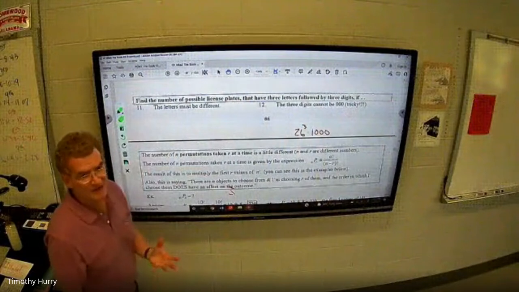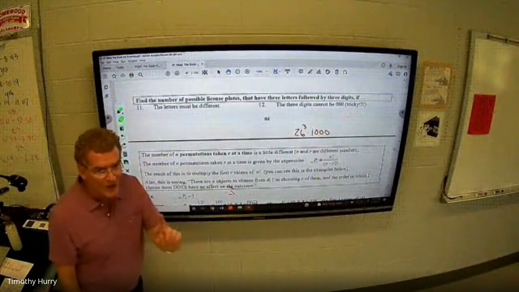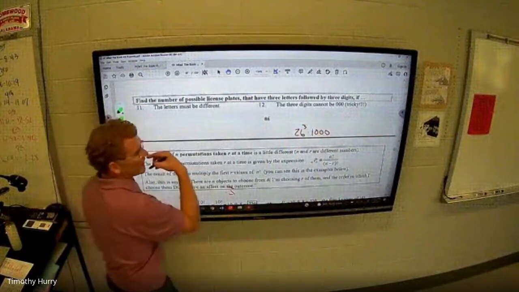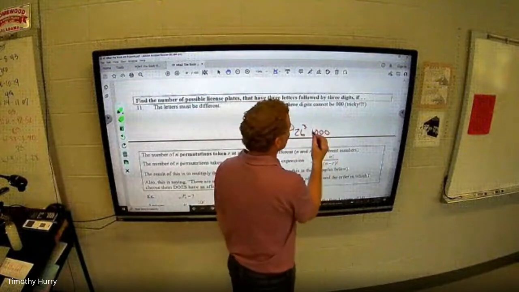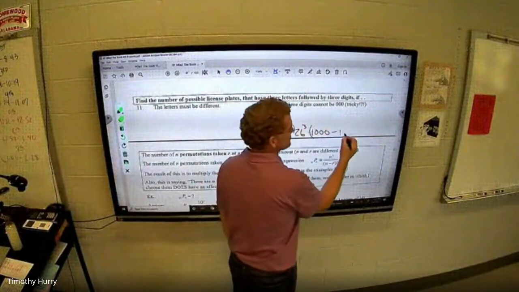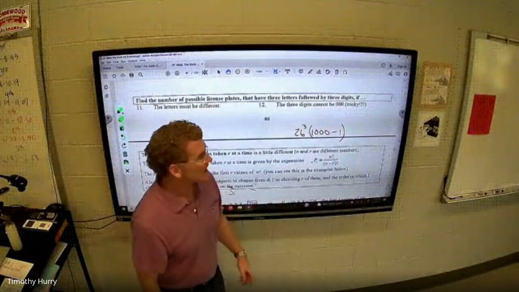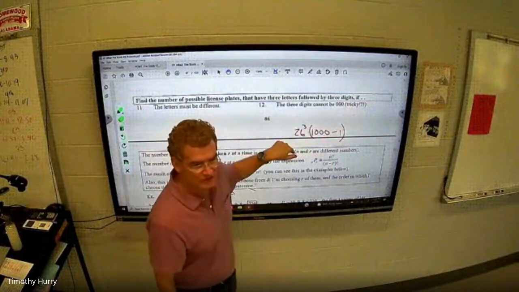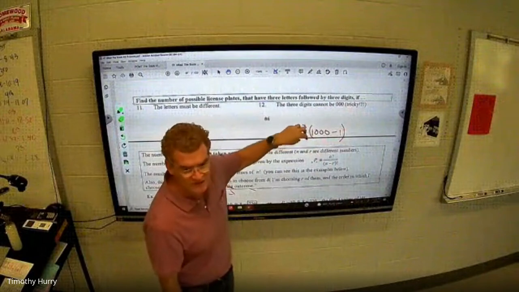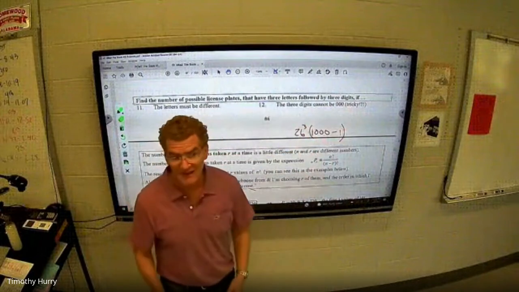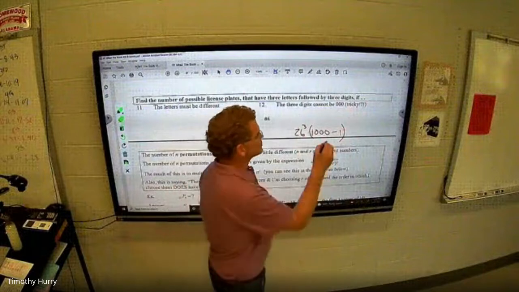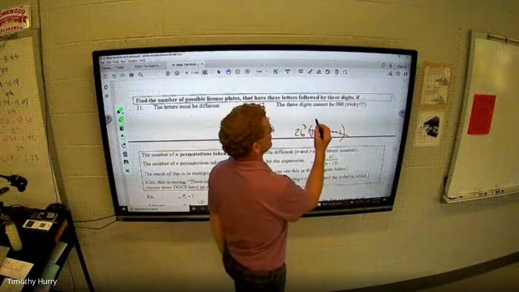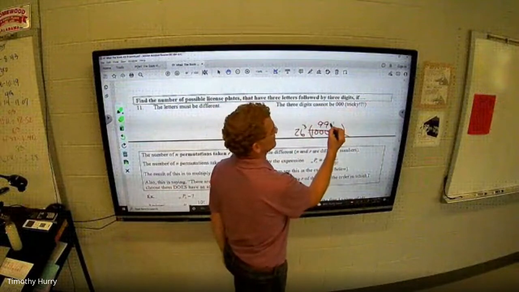If I subtract 1 from the whole thing, what happens? Then I'm saying that if I just subtract 1 option, I'm really not doing the right thing. I need to subtract 1 of these 1,000. Are you with me? Because I could have 0, 0, 0 with every one of those 26 cubed options, can't I? And that's a lot of options. So just subtract 1 from this and go 26 cubed times 999.